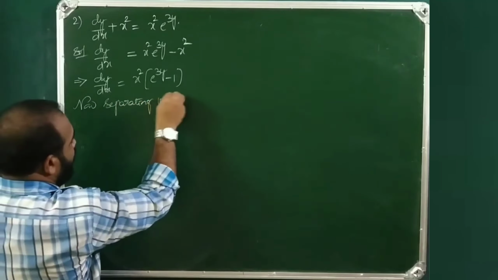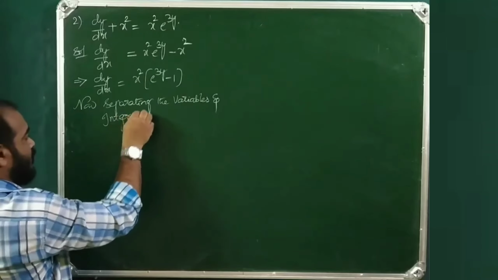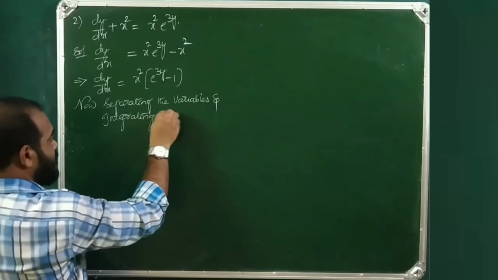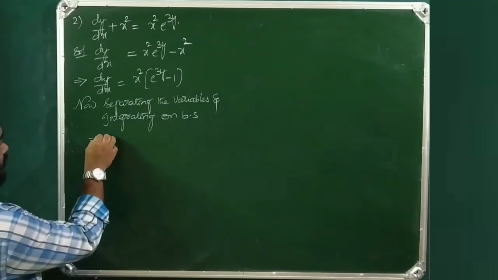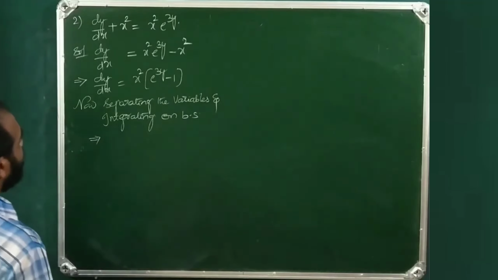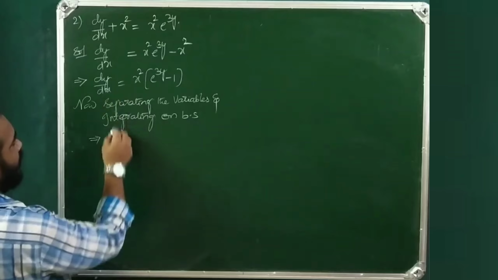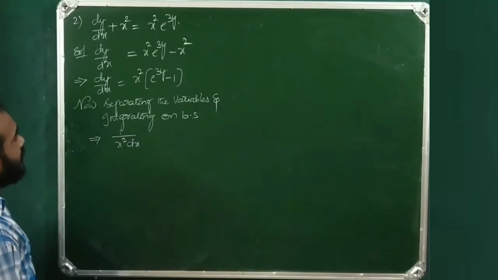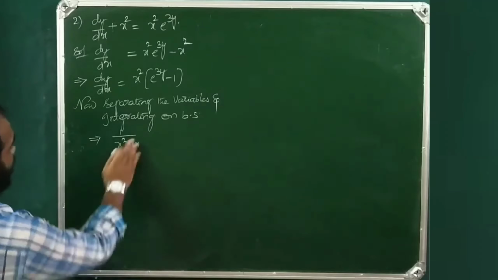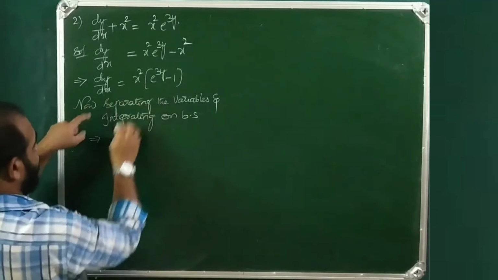and integrating on both sides. This is equal to 1 by x square dx, or this is x square dx.